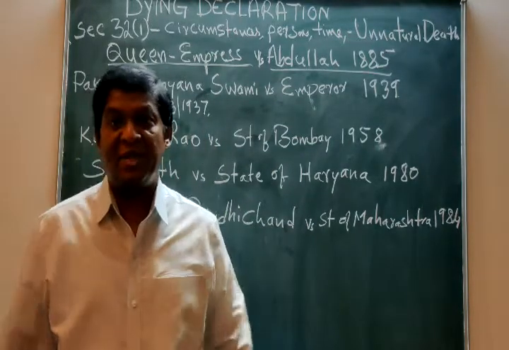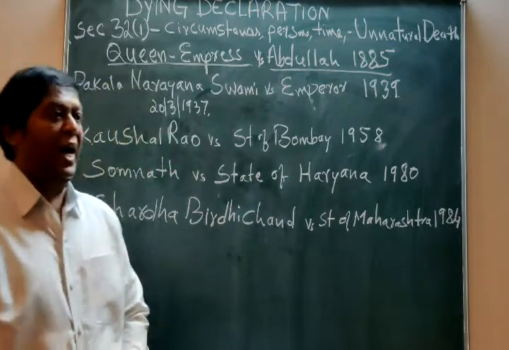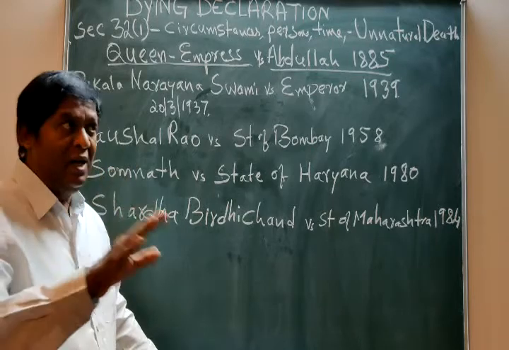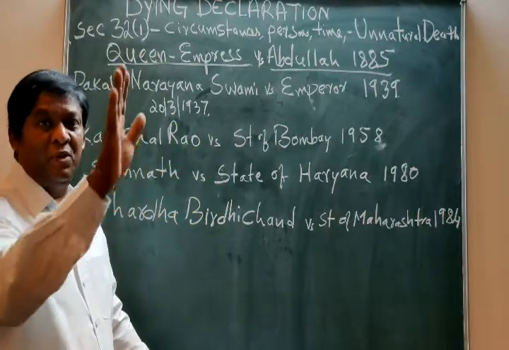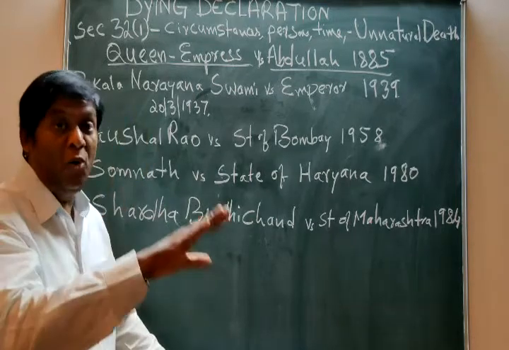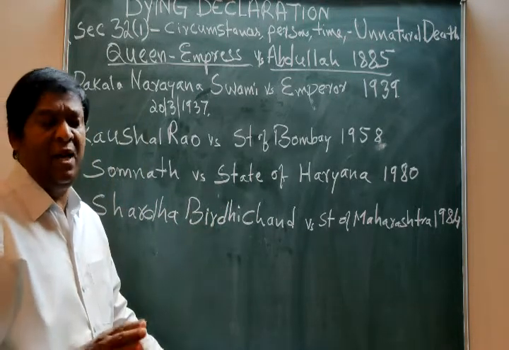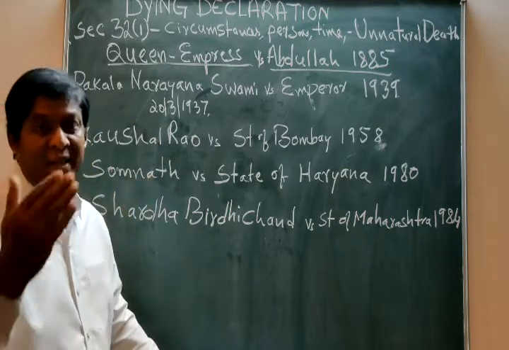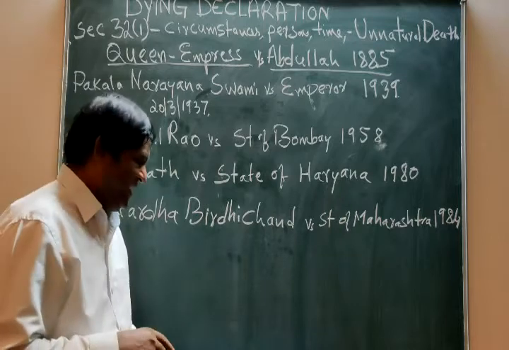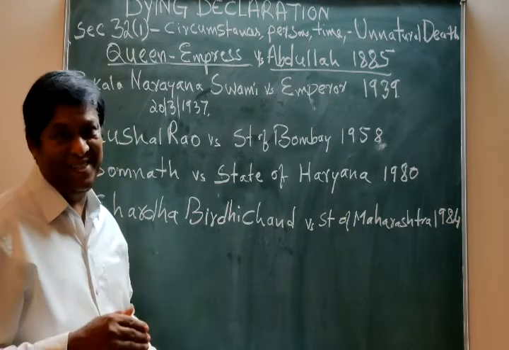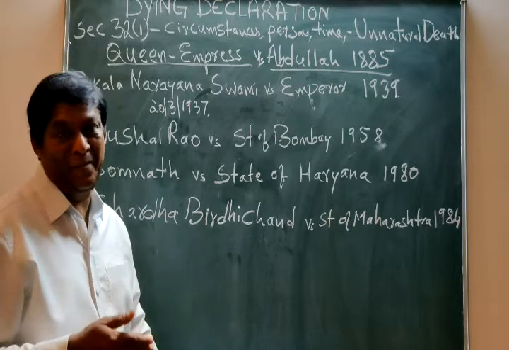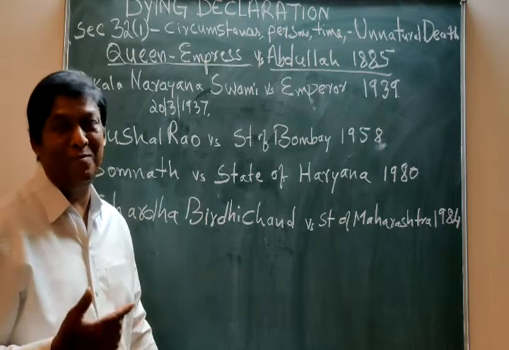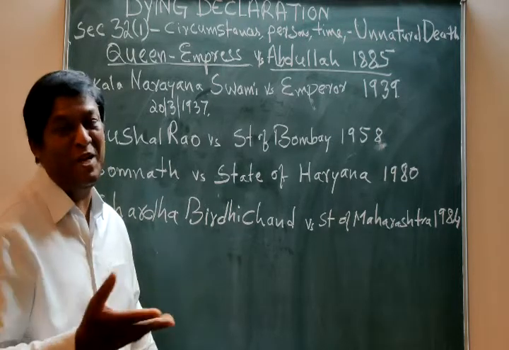She was in her senses. She made the statement. She told when the marriage took place, what is the occupation of this man, how he started ill-treating her. All these words, step by step, uniformly, she explained. She told that yesterday my husband brought kerosene, poured it on me and set me on fire.